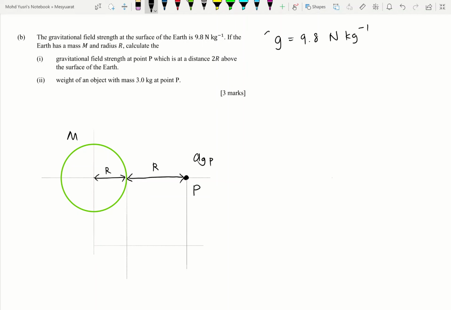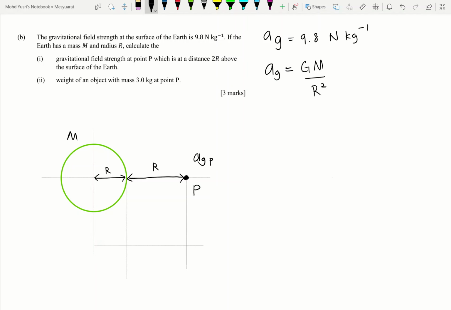Okay, so yang tadi ni AG on the surface of the Earth, kadang-kadang simbol dia pada topik-topik yang lain kita gunakan simbol G. Pada topik 6 kita letakkan simbol AG on the surface of the Earth. So kita nak cari AG at point P, gravitational field strength at point P. Now, the gravitational field strength on the surface of the Earth, AG, is given by equation G times m over r square.